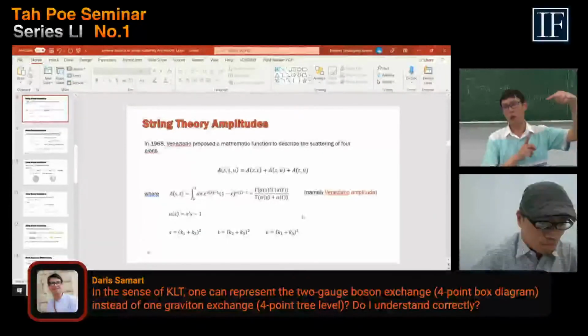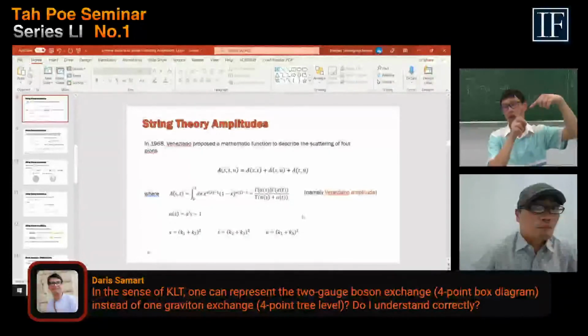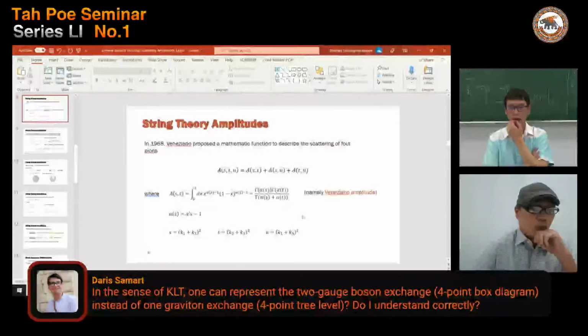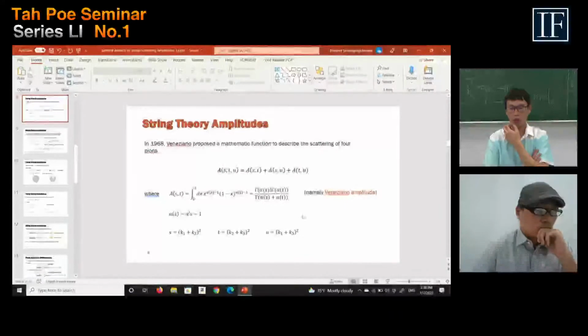But in the KLT picture, I believe it's more like pure graviton scattering, which can be computed or viewed as the square of pure gauge scattering at n points.